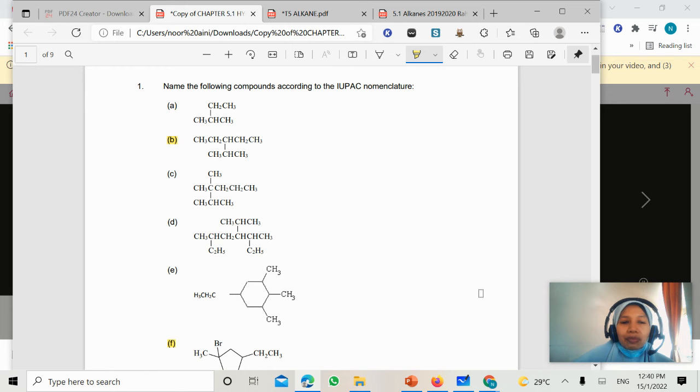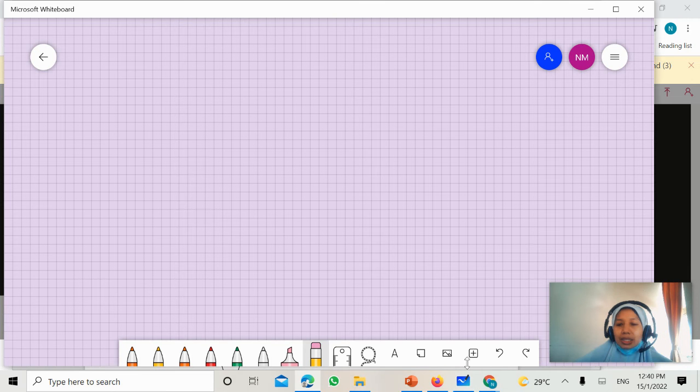Now, I have this structure. I'm going to redraw it in the whiteboard so that you can see clearly and have a bigger image.